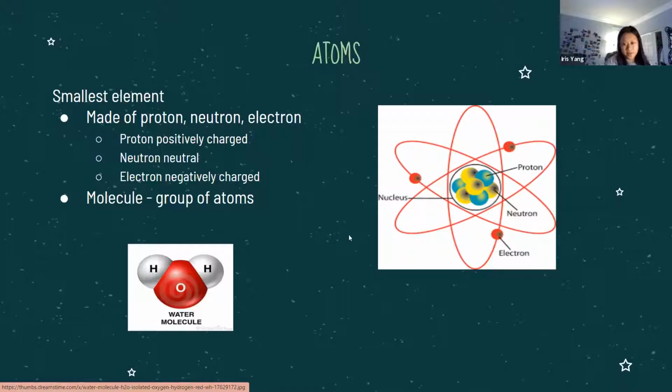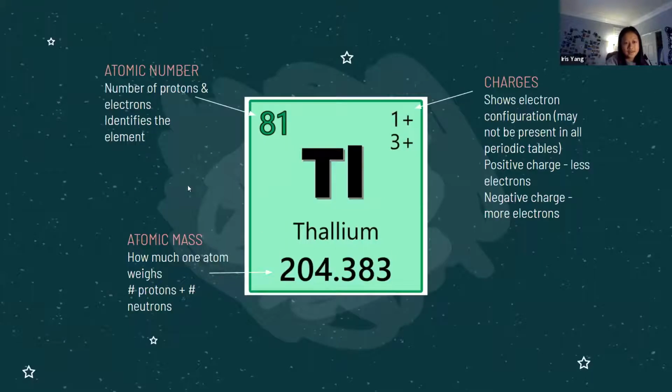So we're going to be going more into depth about the atoms and elements of the periodic table. Okay, so this is thallium. Maybe you have heard of thallium, but it is an element on the periodic table, and so are hydrogen and oxygen, and everything on the periodic table is an atom.